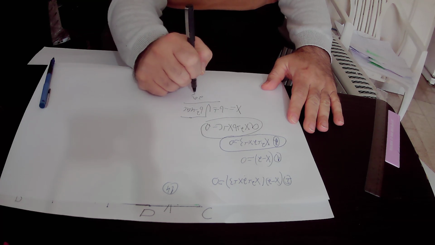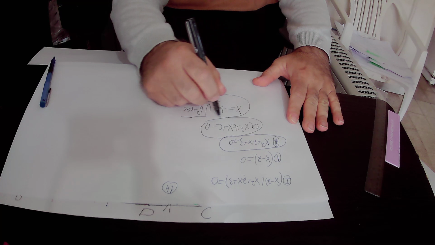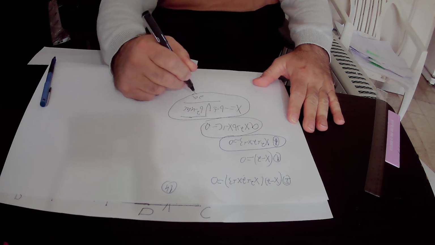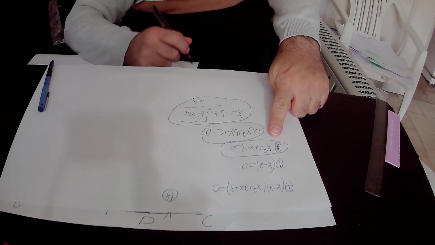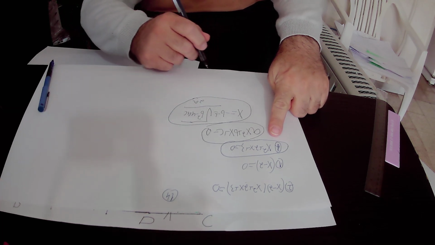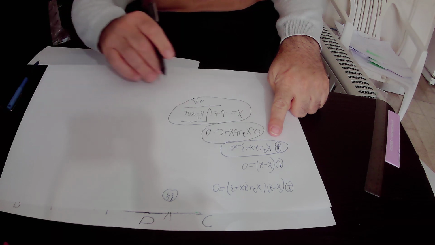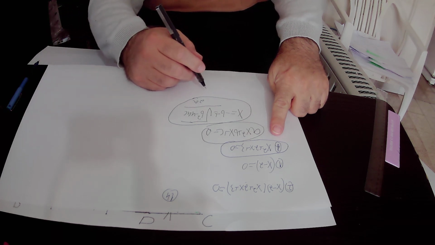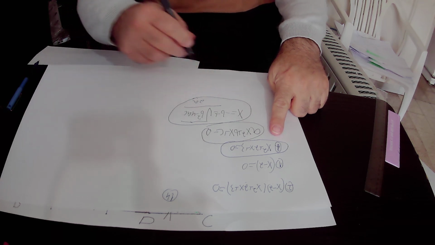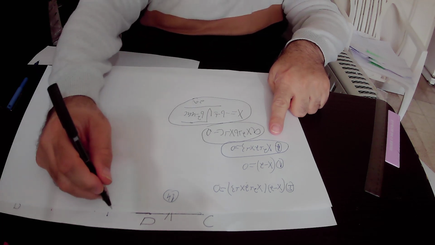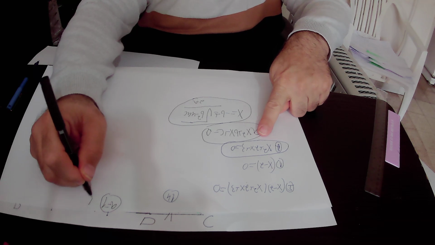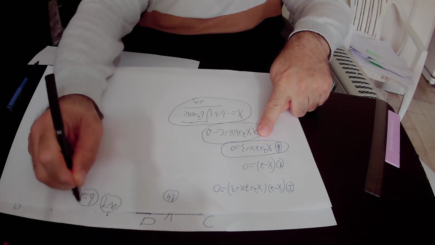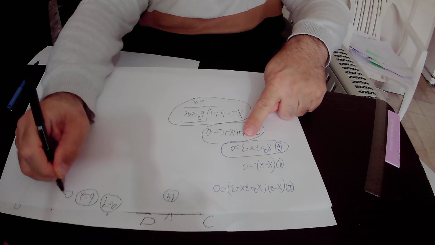So we will use this formula in order to find the value of x in our specific quadratic equation. In this quadratic equation, the coefficients are as follows: a equals 1, b equals 2, and c equals 3.